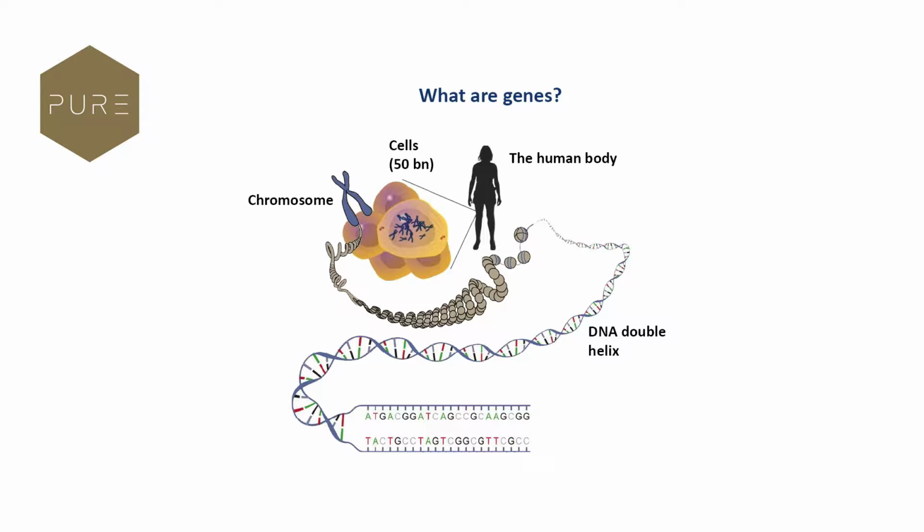A gene is a certain region in here that has a certain function. For example, there is a pigment gene, which means this genetic code region has the information of how to create a pigment, a color, that is then expressed in blue eyes, for example.